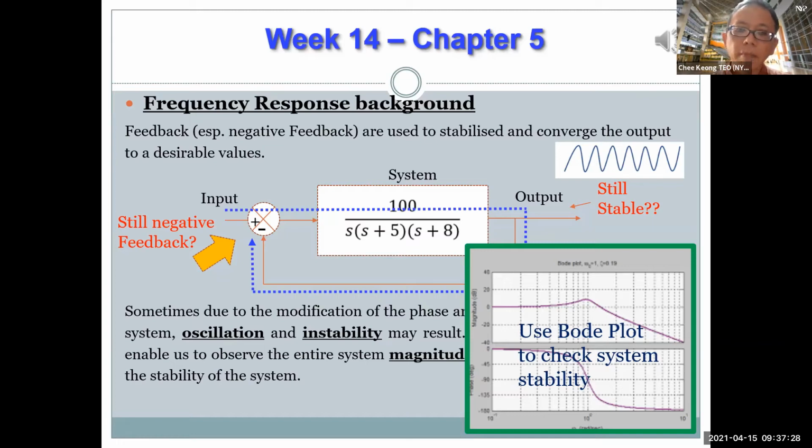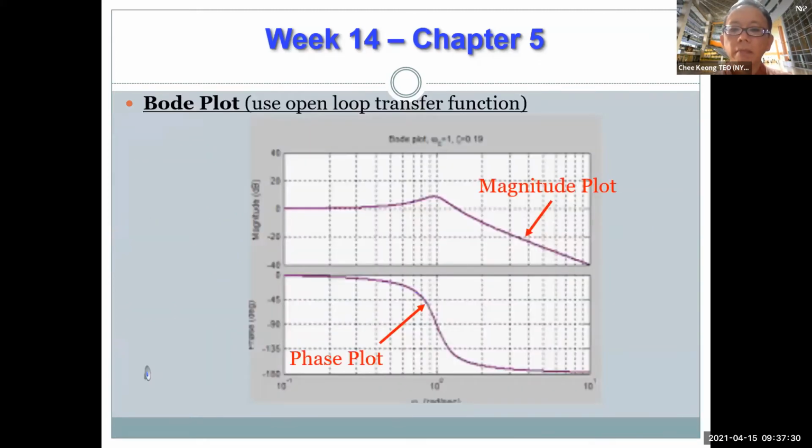Okay? Let's now dive into more technical detail about Bode plots. In Bode plot, we only analyze the system's open-loop transfer function, not the closed-loop transfer function, for the magnitude and phase plot.